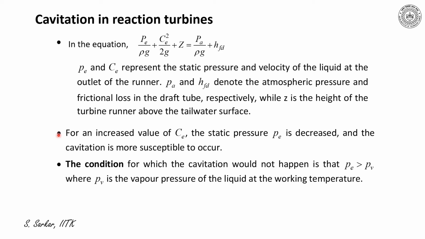Furthermore, please note that for an increased value of CE, the static pressure will decrease, and hence cavitation is more susceptible to occur. The condition for which cavitation would not happen is if PE is greater than PV, where PV represents the vapor pressure of the liquid at the working temperature.